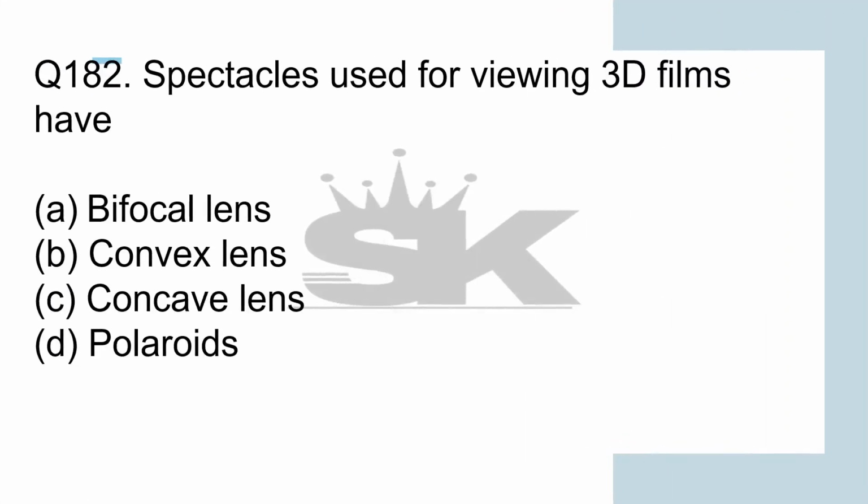Spectacles used for viewing 3D films have polarized lenses. Polarized spectacles are used for viewing 3D films. Okay, so the answer is B. A polarized 3D system uses polarization glasses to create the illusion of a three-dimensional image by restricting the light that reaches each eye.